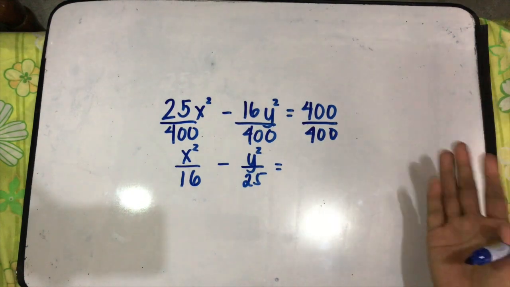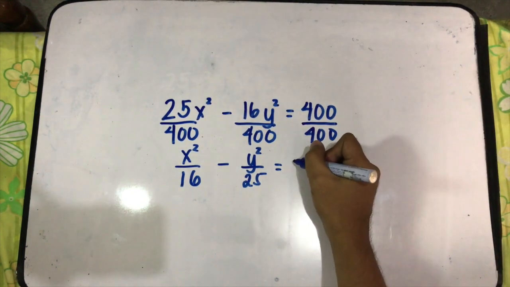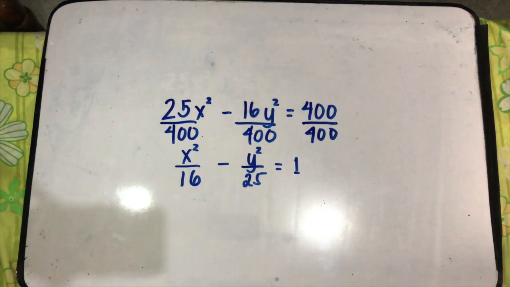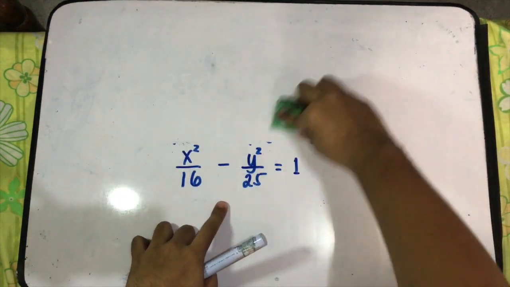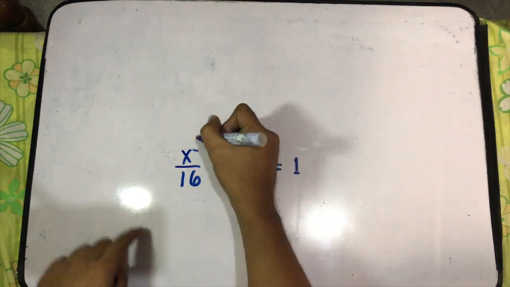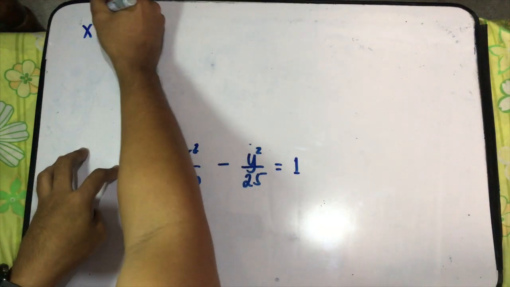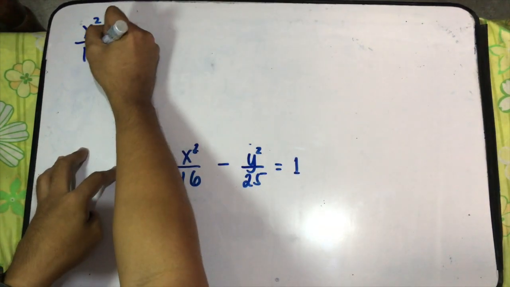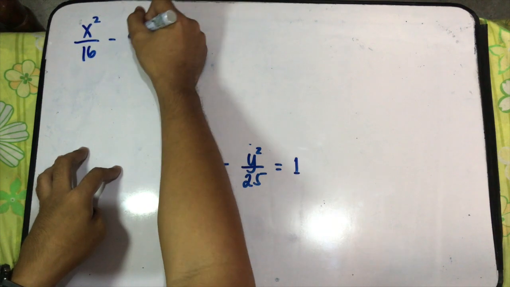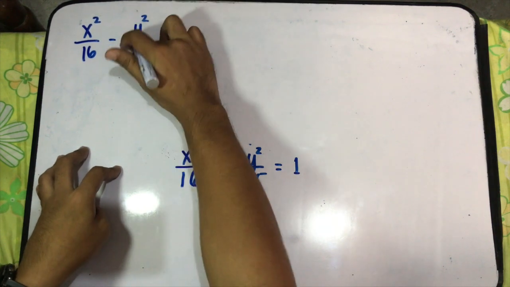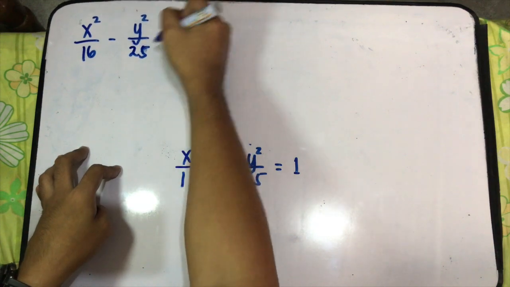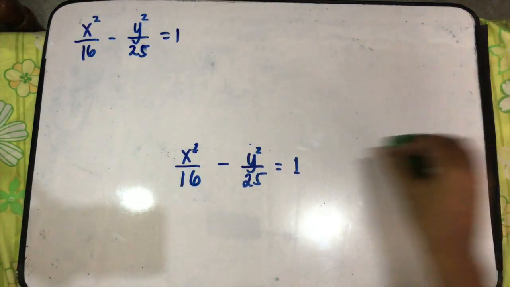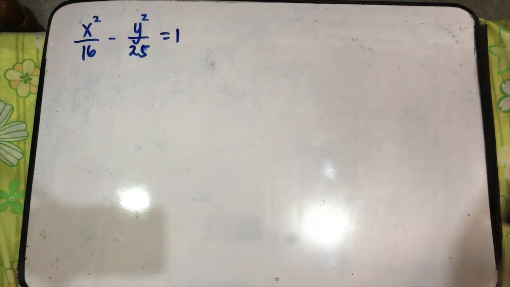And the right side is 400 over 400, therefore that is equal to 1. So our equation will be x squared over 16 minus y squared over 25 is equal to 1.